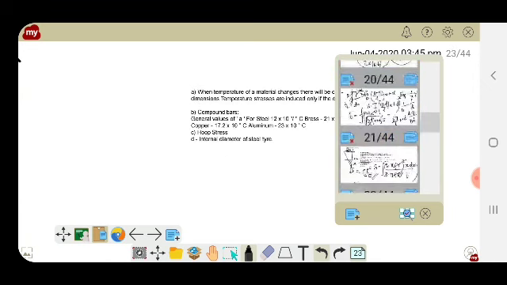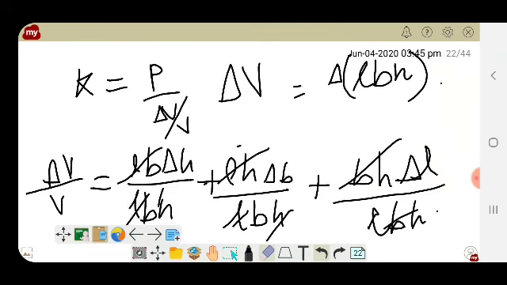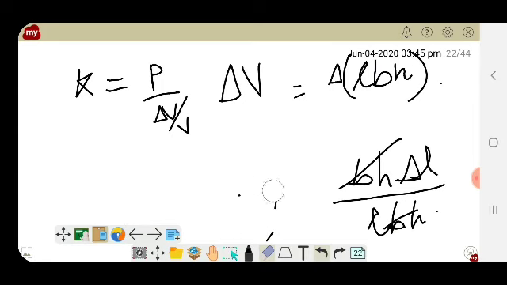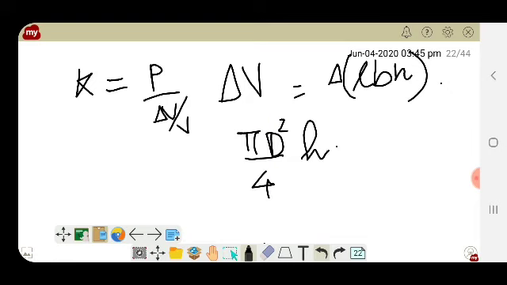Similarly, if we take the case of a cylinder, the volume is pi d square by 4 times height.